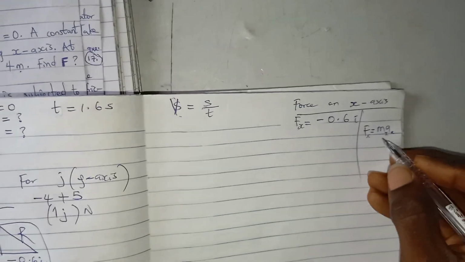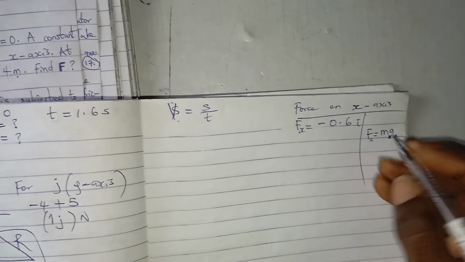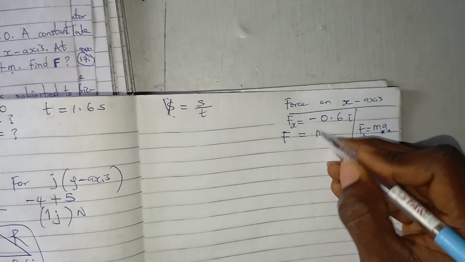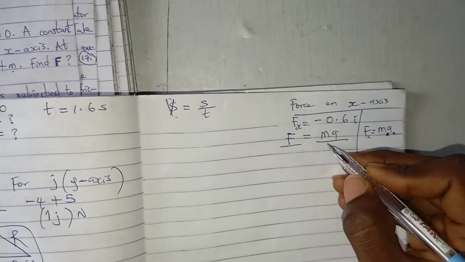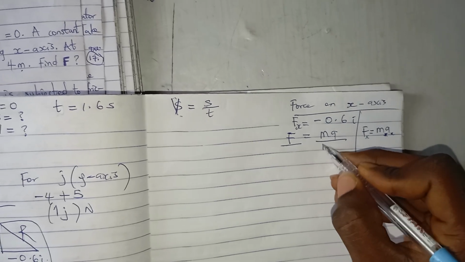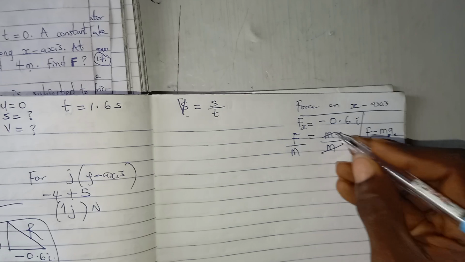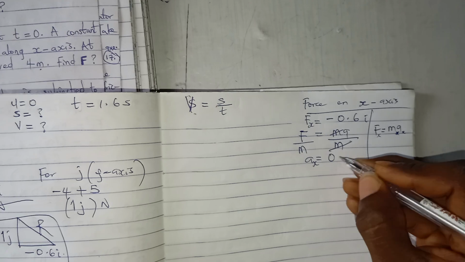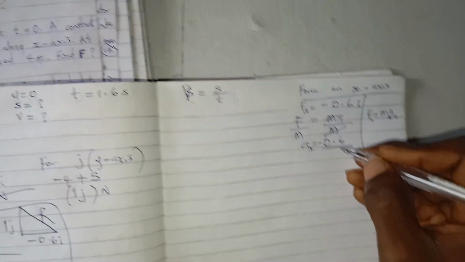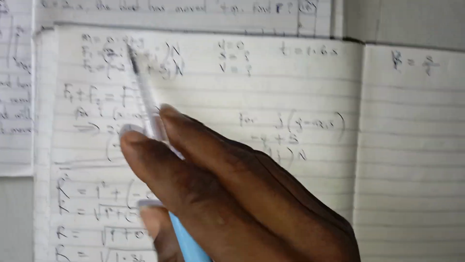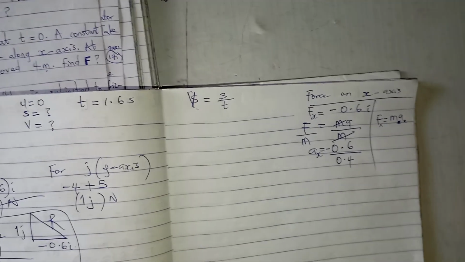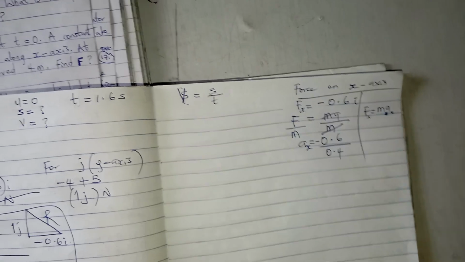Considering it is the same mass, F equals MA, divided by M on both sides, so the M cancels, so that A, the acceleration on the x-axis, equals minus 0.6 all over the mass given to us in that question, which is 0.4.